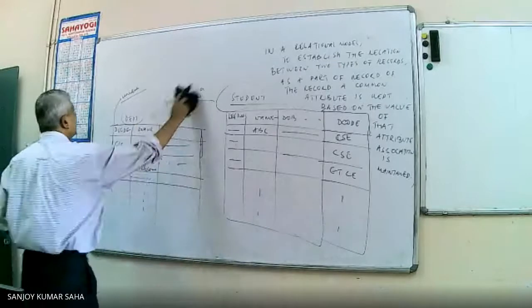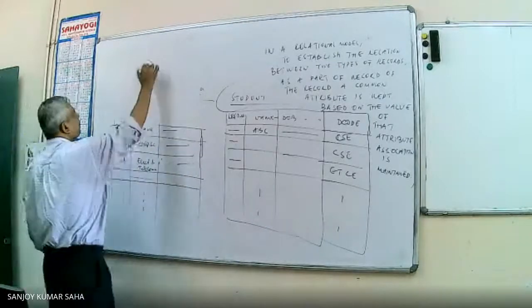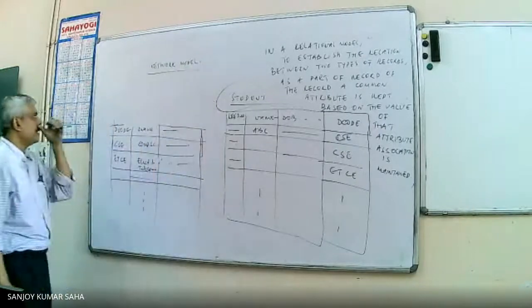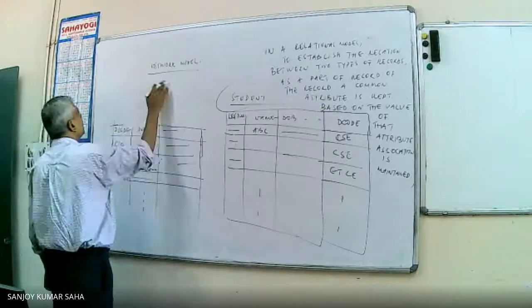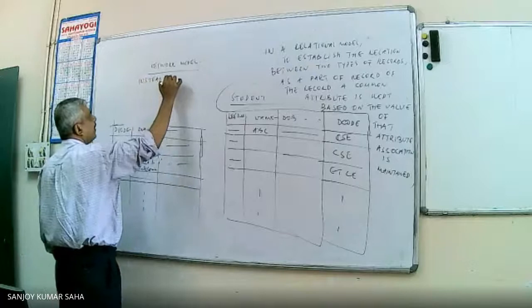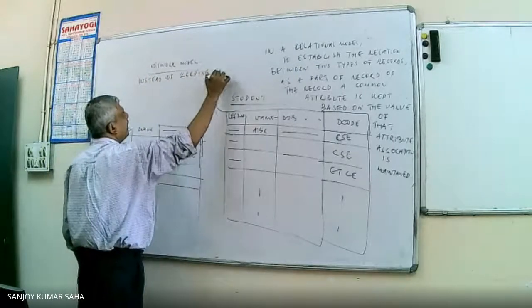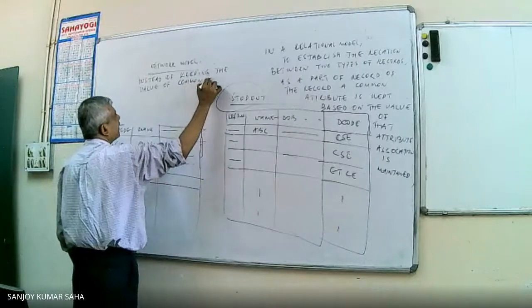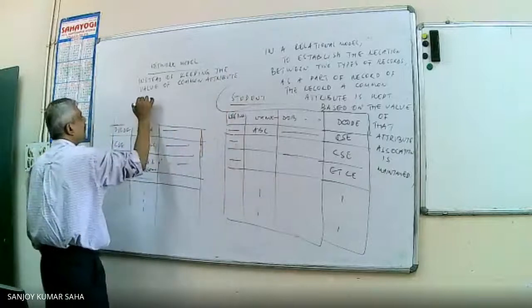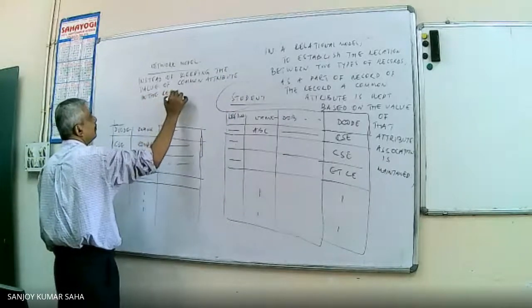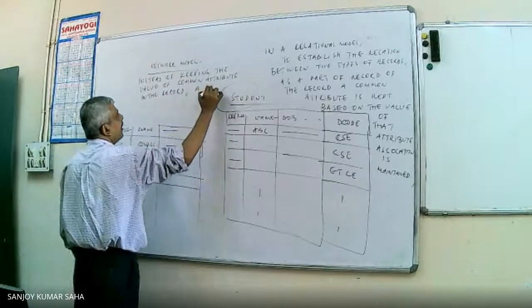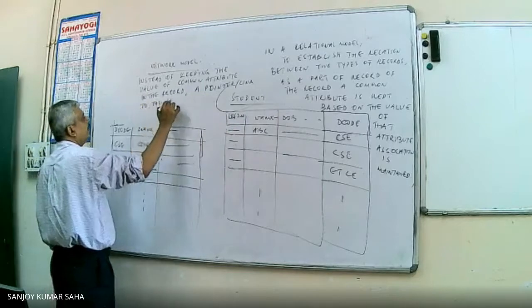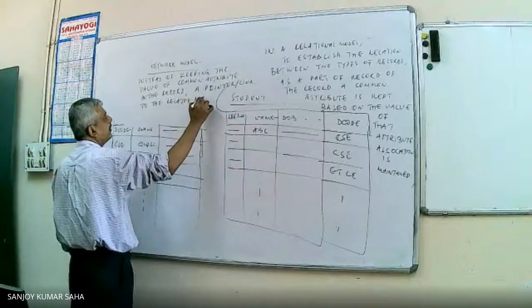Now, if we think about the network model, instead of keeping the value of the common attribute in the record, a pointer or link to the related record is kept.